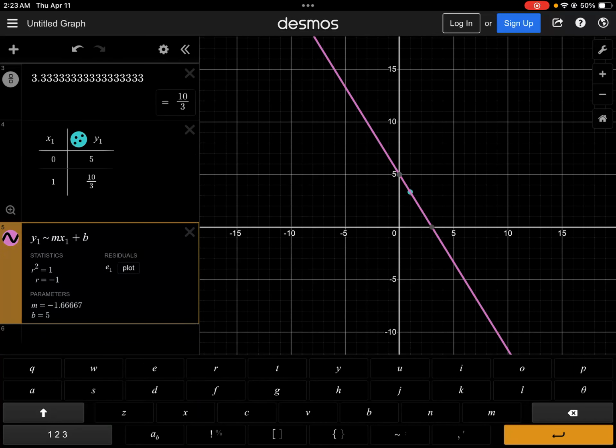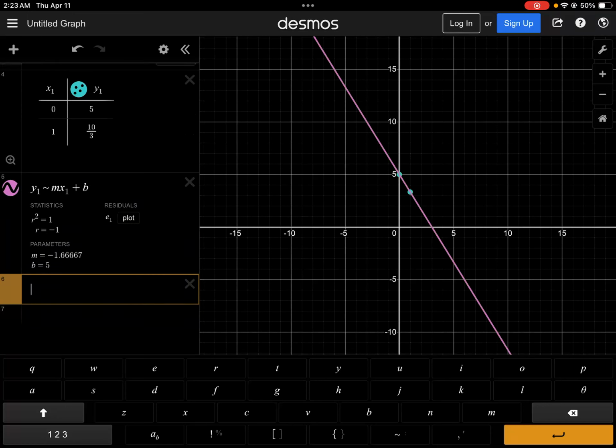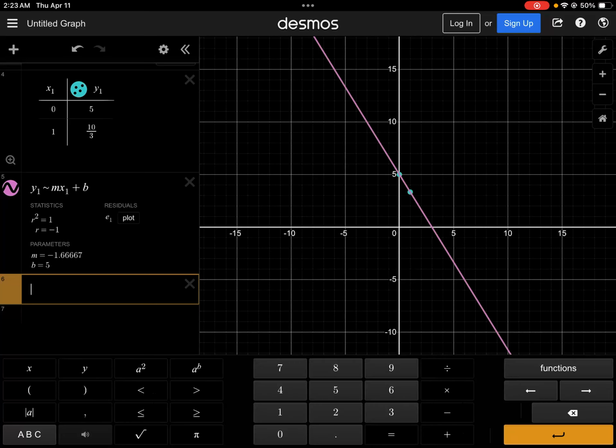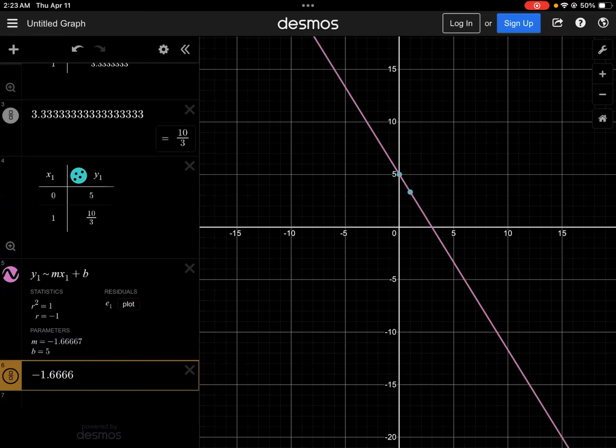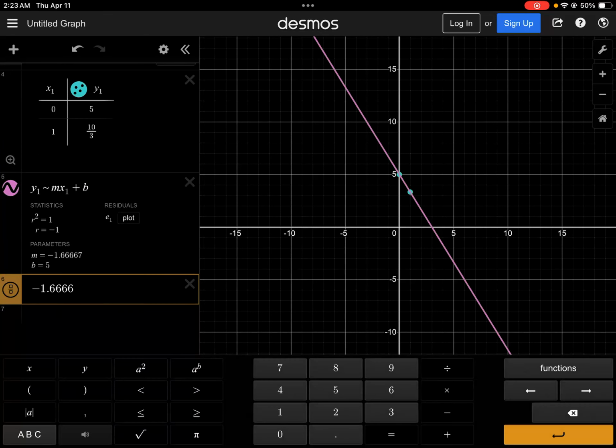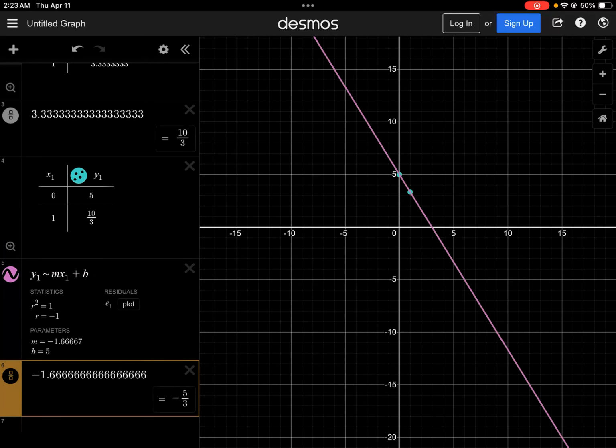And of course I have another infinite decimal number that I need to convert to an accurate fraction. That's the negative 1.666. Don't stop here. Again, if you stop here, that's not good. Keep going until it really understands that this goes on forever, and that would be the answer.